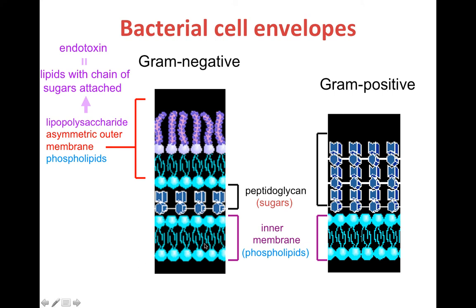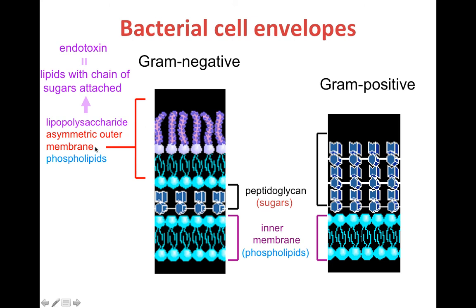So the inner membrane of gram-negative is called symmetric, and the outer membrane is called asymmetric because on one leaflet we have phospholipids, and on the other leaflet we have lipopolysaccharide. Lipo means lipid, polysaccharide means many saccharides, many sugars going out into the environment.